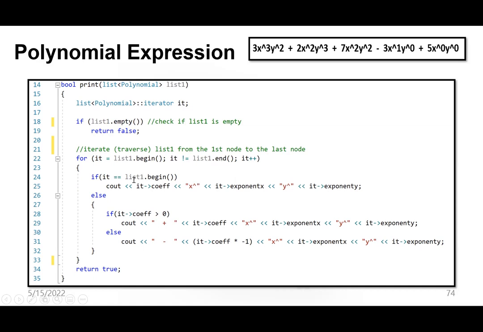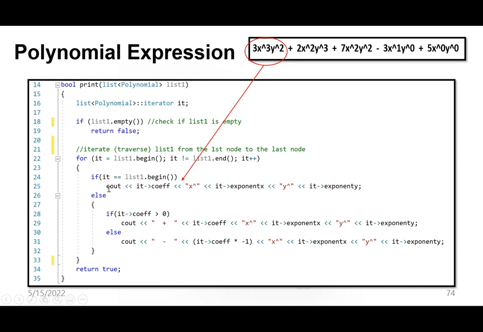Okay, so every time I print, inside the for loop, why do I have to put cout out here, and after that check the coefficient? If it's more than 0, I have to put a plus, otherwise a minus. This is because, if I'm printing the first node expression and this coefficient 3 is a positive value, I don't put +3, right?